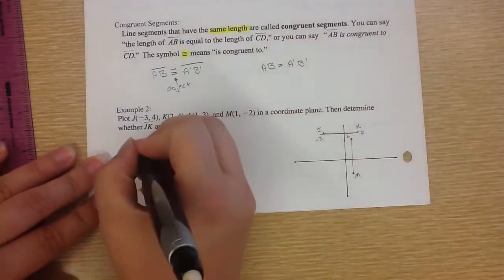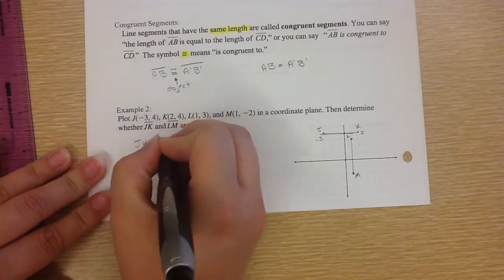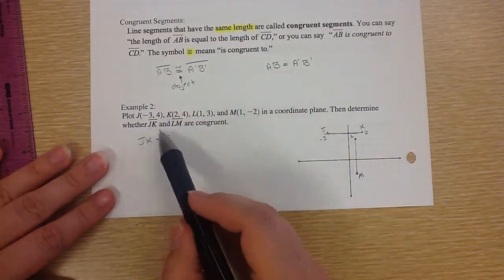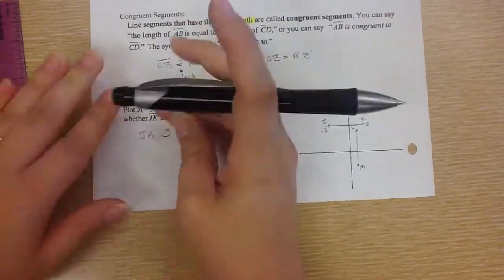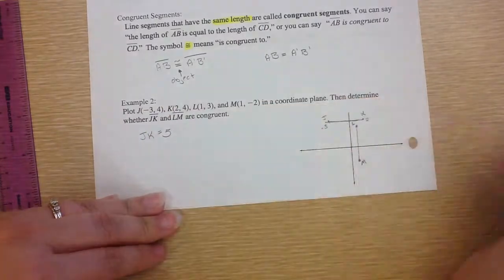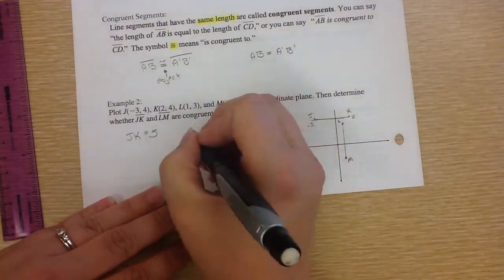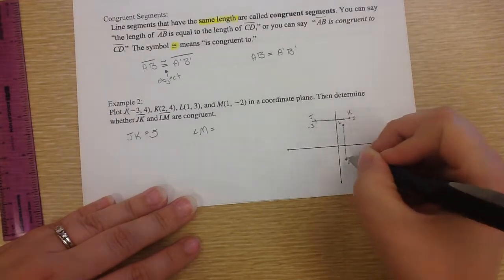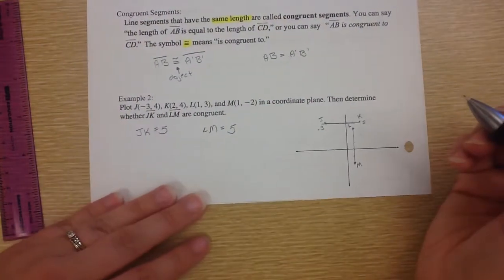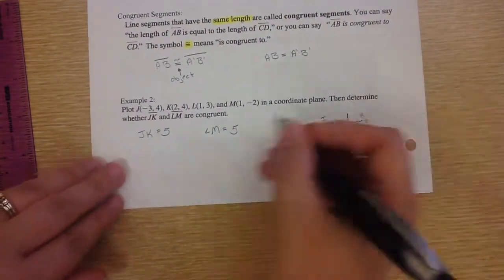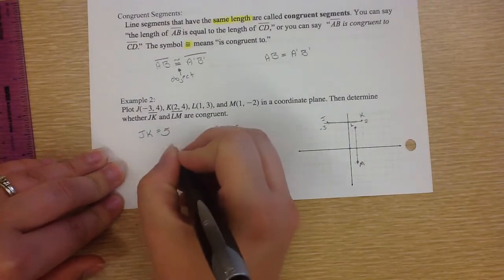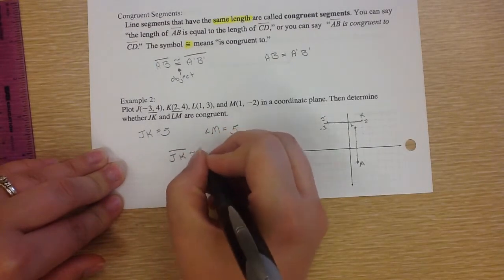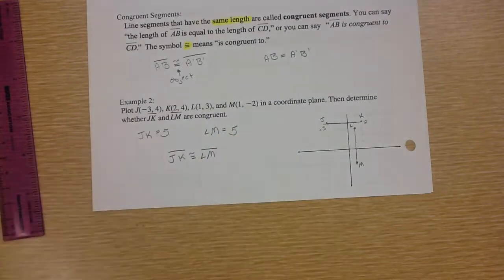That distance is 5. So the distance from J to K is equal to 5. Do you notice no segment sign above it? Because I'm talking about the distance from J to K. Now let's use the distance from L to M. L, 1, 2, 3, 4, 5 is also 5. So they have the same measure, they're the same distance, so they're congruent. So I would say segment JK is congruent to segment LM.